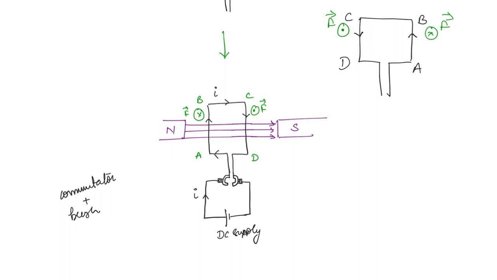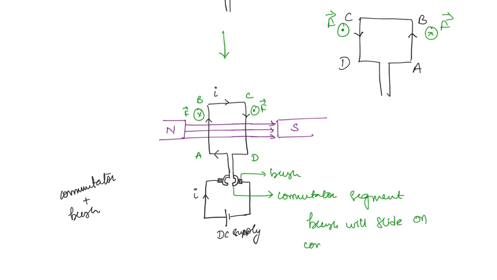Okay, so this is the brush and this is the commutator segment. The brush will slide on the commutator segment as it rotates. So here what did we achieve? We achieved a unidirectional torque in one direction.